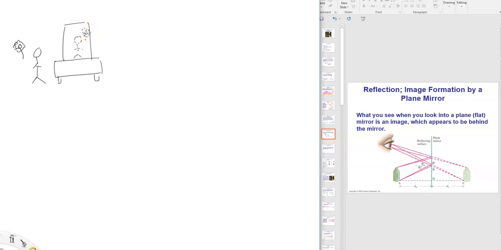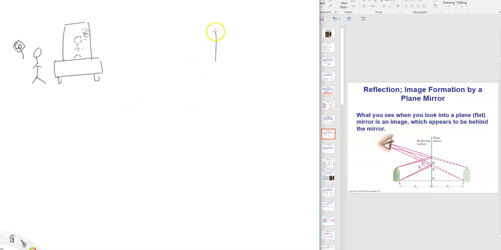So you can see an image inside the mirror, right? If you turn your head to the side, you will see the flower directly, but you can see it inside the mirror as well. So how do we see things inside the mirror? That's what this diagram says. Now let's see how to understand this whole procedure here.